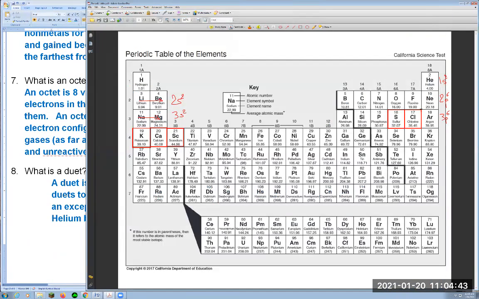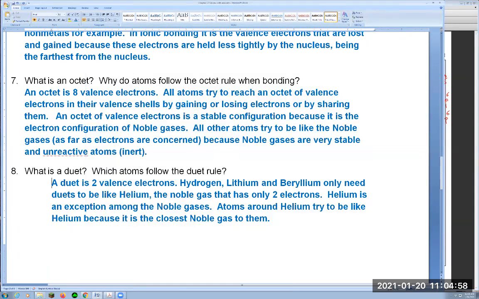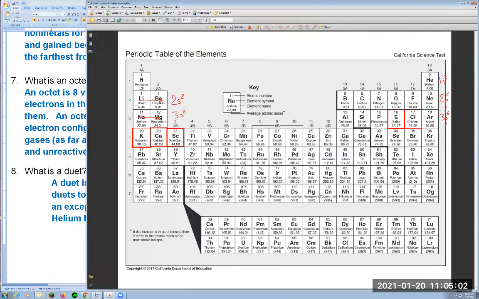It has only 2 electrons, 2 protons, 2 electrons, because the atomic number is 2 there. And so the atoms that are around helium try to be like helium because that's the closest noble gas to them. So if we look at the periodic table, hydrogen will like to gain only 1 electron to be like helium.